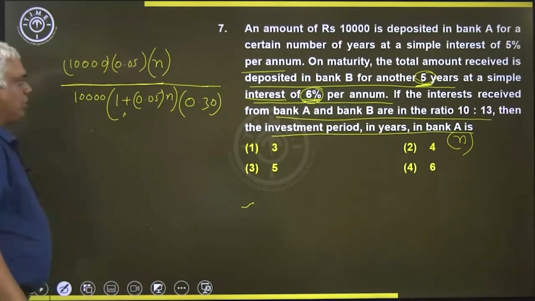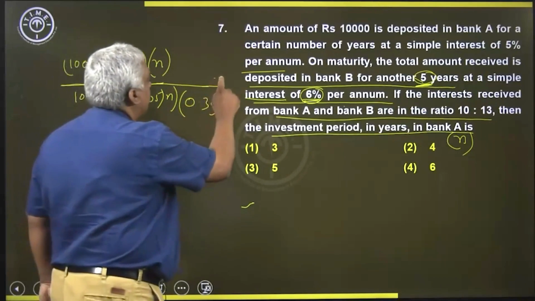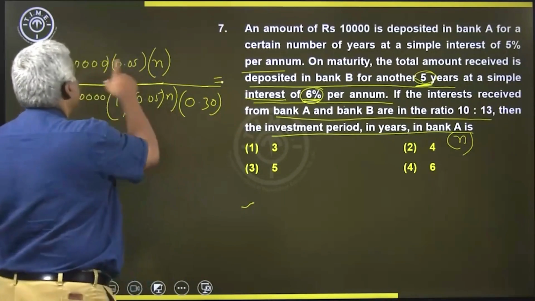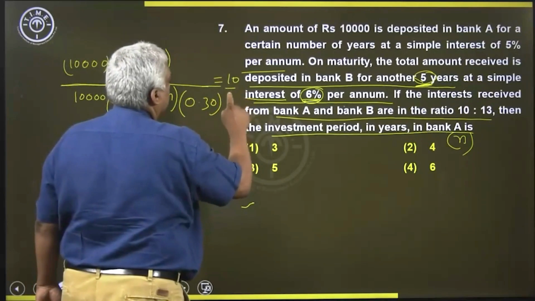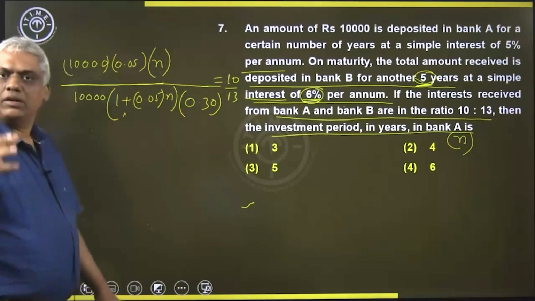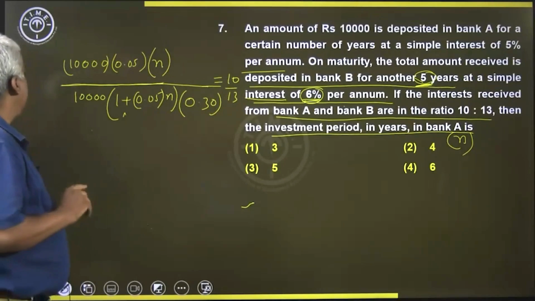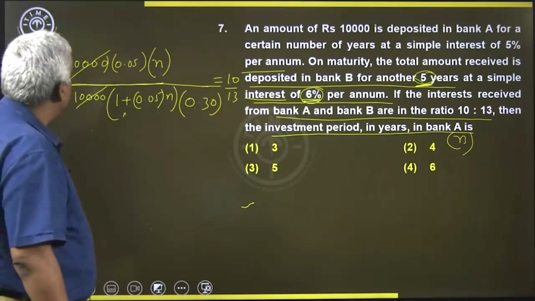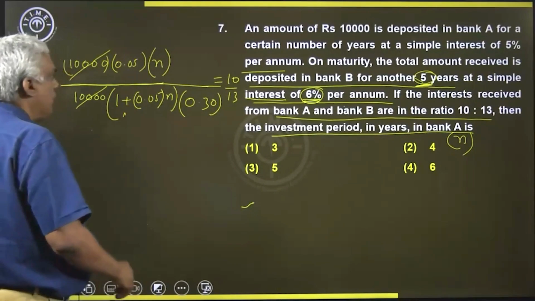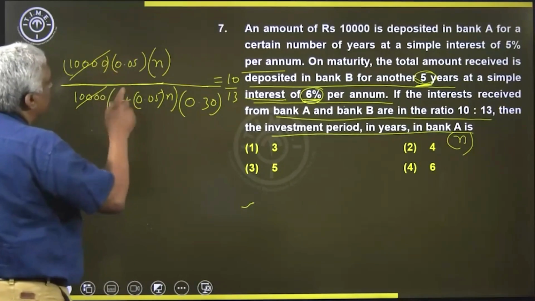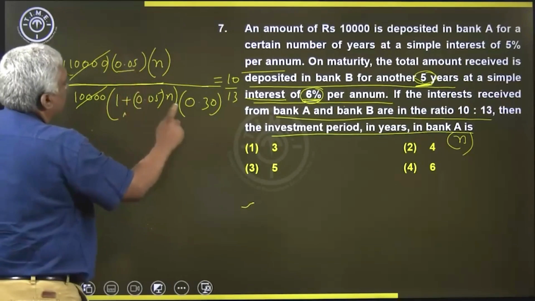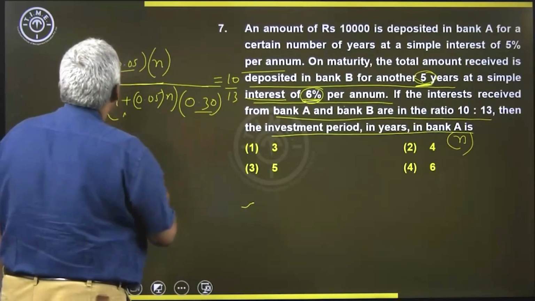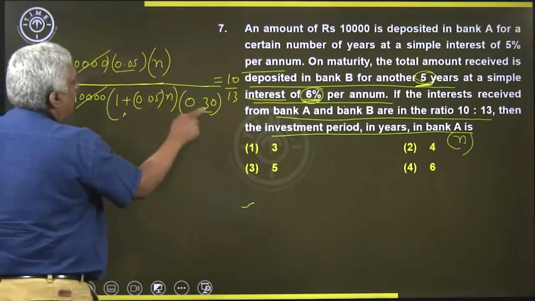And this ratio is given as 10 by 13. So we can simplify and solve for the value of n. I can cancel the 10,000. Here 0.05 over 0.30 becomes 5 by 30.